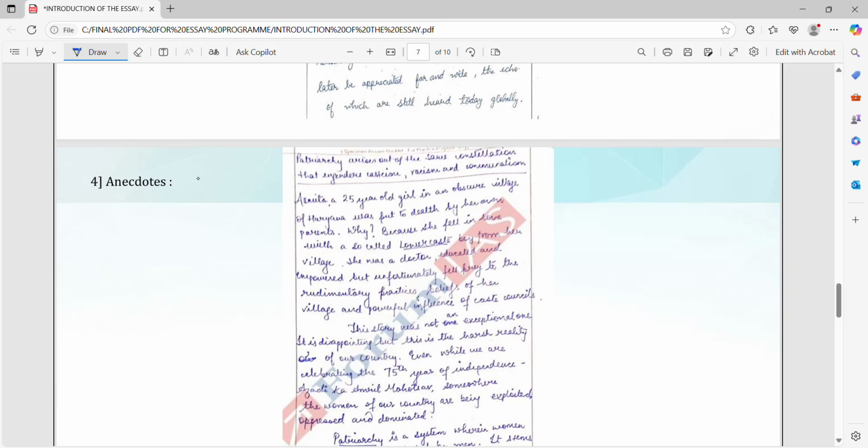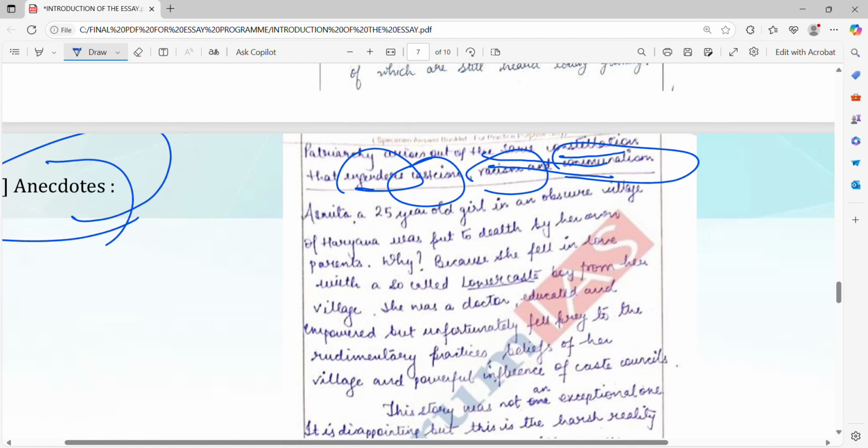It is like a story, but it is not real. It is something like, this is a patriarchy that arises out of a constellation of racism, casteism, gender and communalism.